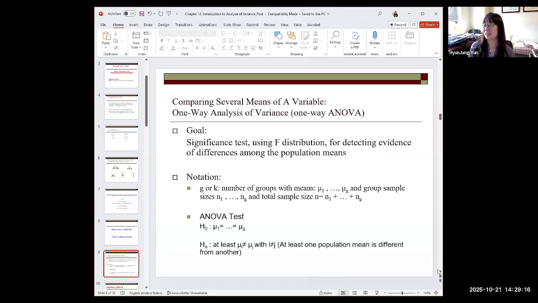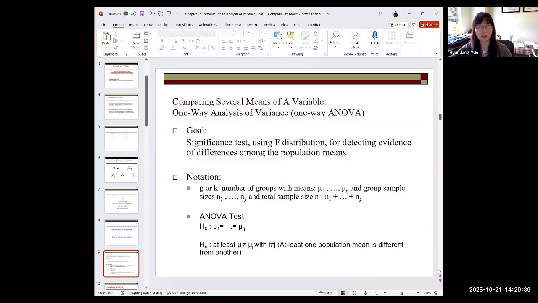Great. So let's start with the ANOVA test. The purpose of the ANOVA test is to test multiple group differences using the F distribution table.